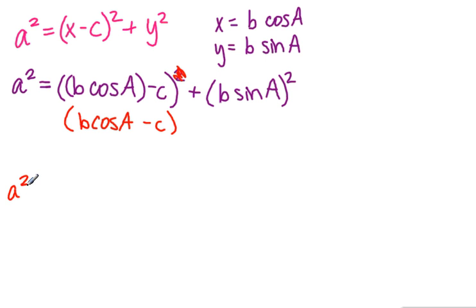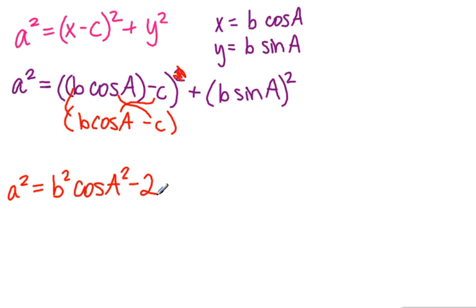So we've got a squared equals b cosine A times b cosine A is b squared cosine A squared. You have b cosine A times negative c, and then you have this times this, which gives you 2 of them.